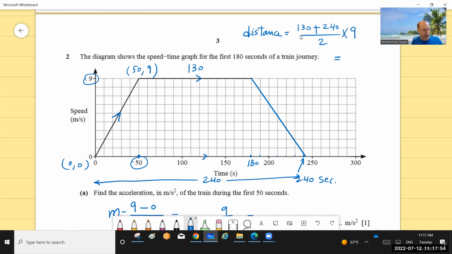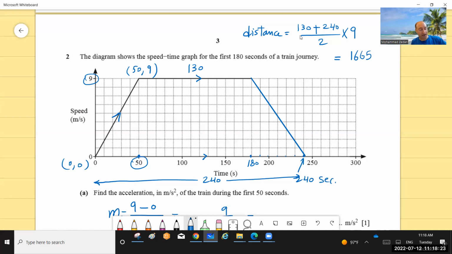This is the total distance. You can use a calculator to solve it. 130 plus 240, the answer times 4.5, that's 9 over 2, gives you 1665 meters.